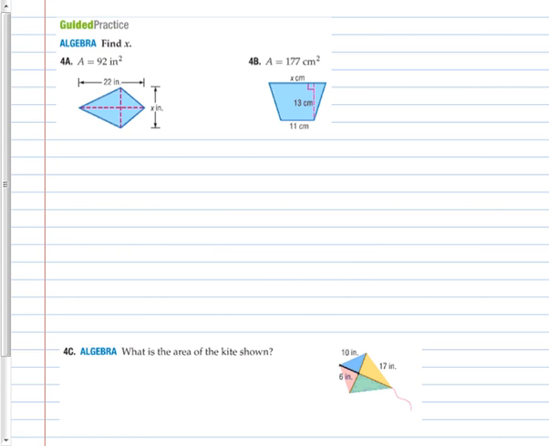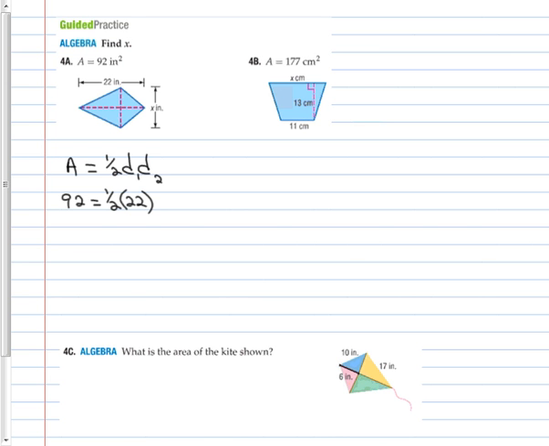So they may give us part of one figure or part of another figure. This is like what we did last class period, where they had given us an area. So start out with the area formula. Fill in what we know. Do I know the area? 92 equals 1/2. Do I know one diagonal? 22.